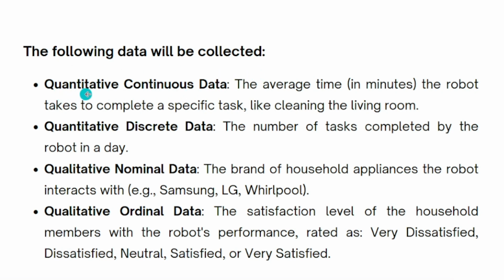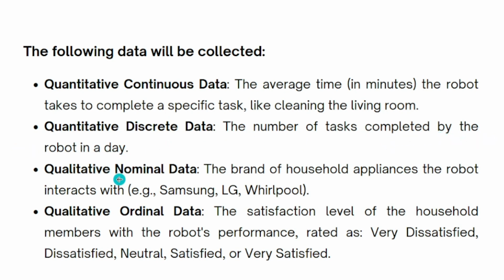The first one represents quantitative and continuous data: the average time, represented in minutes, the robot takes to complete a specific task like cleaning the living room. And there is quantitative discrete data that has been collected, that is the number of tasks completed by the robot in a day.